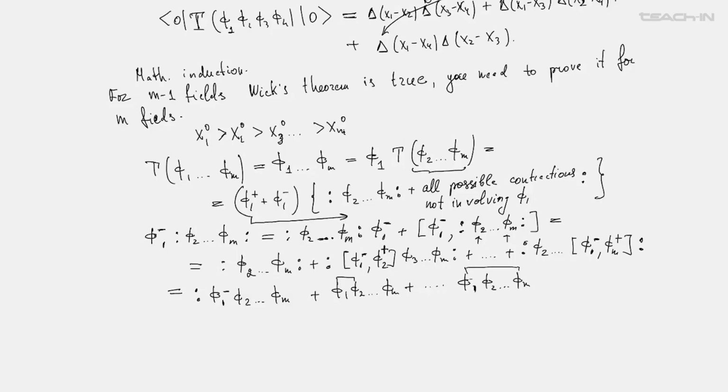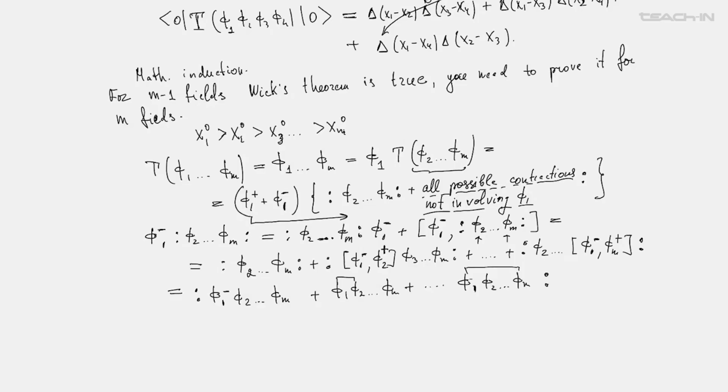Now, very similarly, phi 1 plus or phi 1 minus will be contracting with terms corresponding to all possible contractions not involving phi 1, because these terms have partial contractions, so they also have free fields with which phi 1 minus should be contracted.